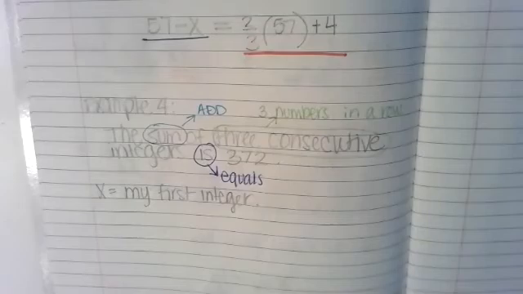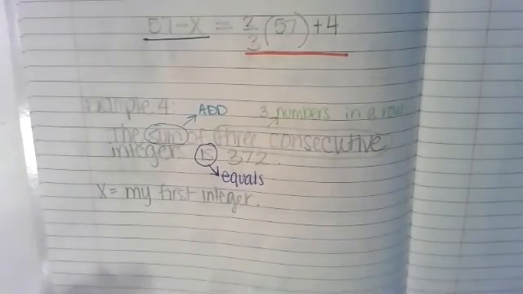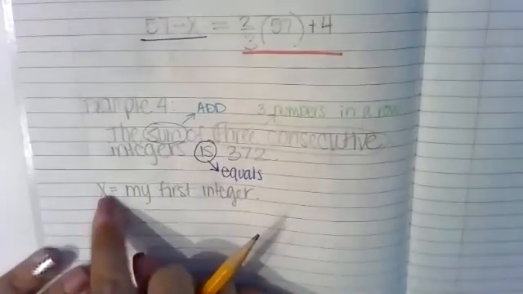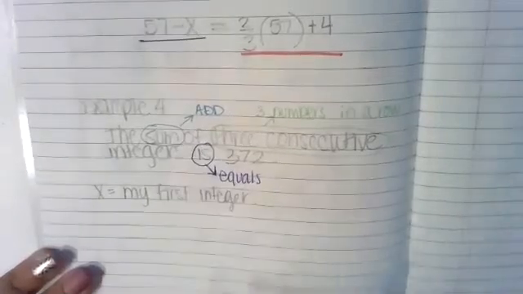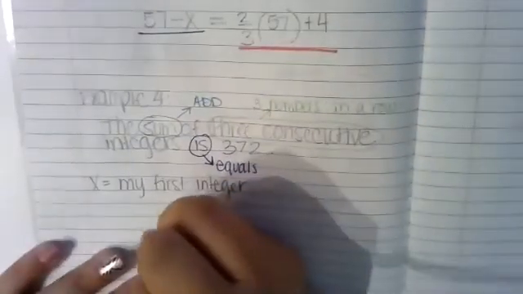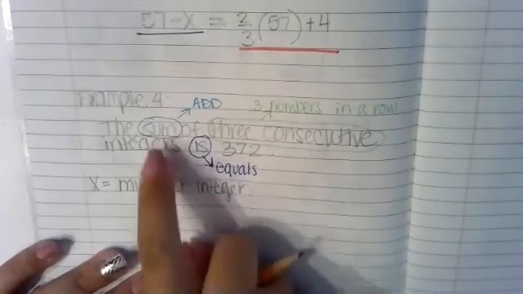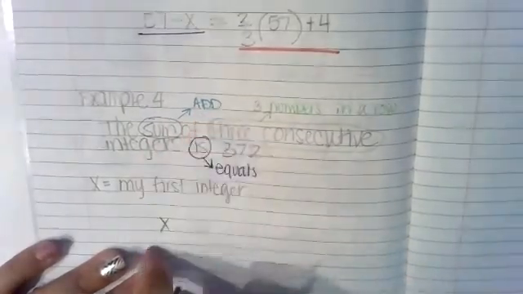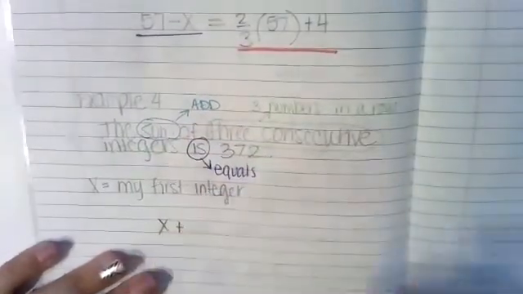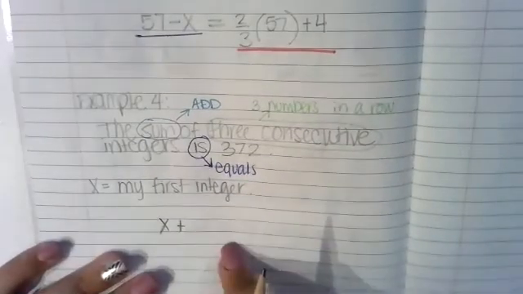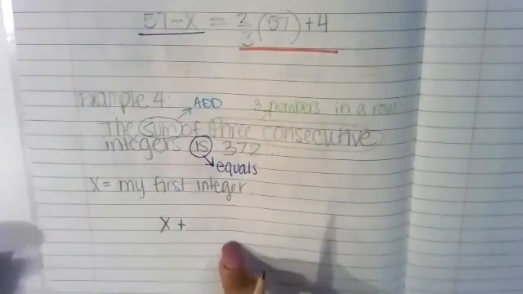Okay? So here we go. If my x, which is my variable, represents my first integer, here's number 1. Sum, adding, number 1 plus. How am I going to represent the next integer in a row? X plus 1.